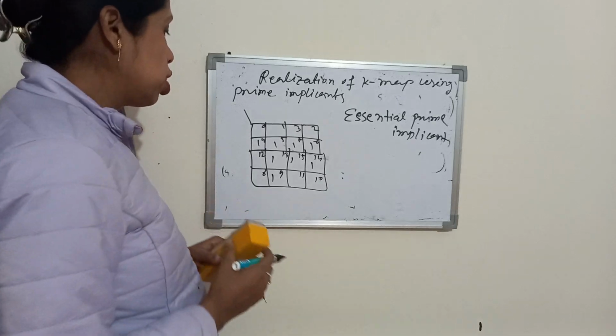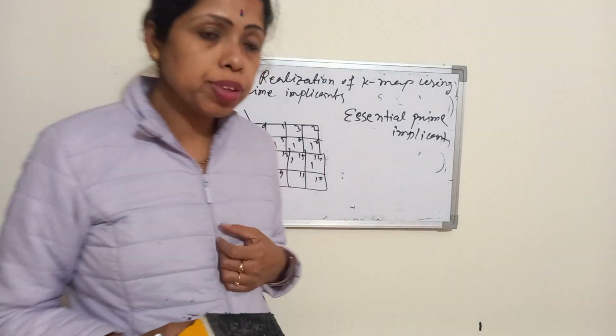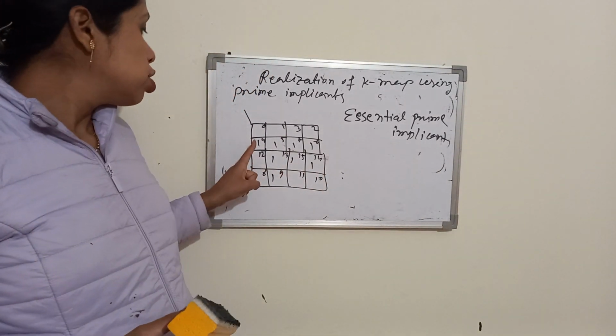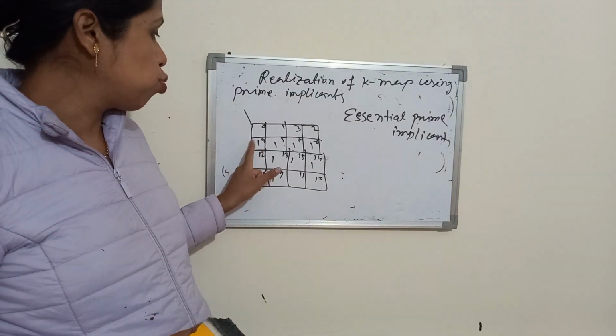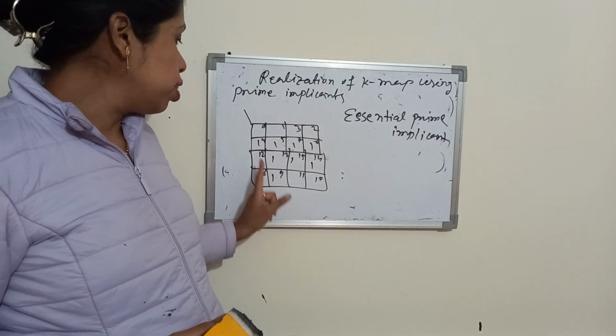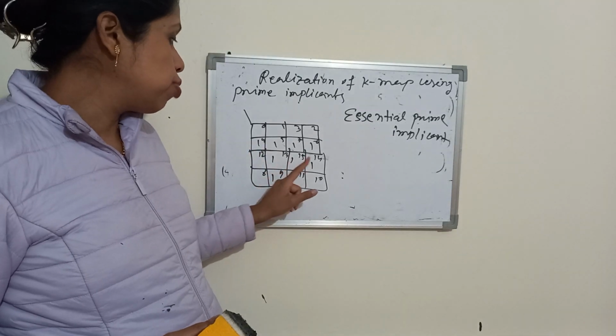Right? So one more example is there. In that example you can understand that. So you have the logical one in those cells 4 5 6 7 9 13 15 14.